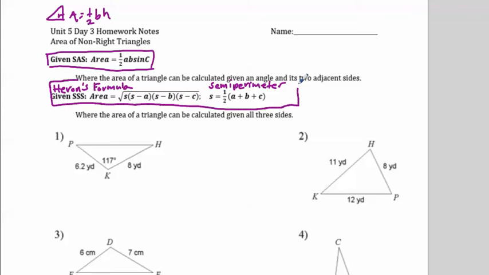So if you're wondering why these formulas work, the first formula is fairly straightforward. Let's think of a triangle where you have A, B, and C. And say I wanted to find this formula with 1/2 base times height.